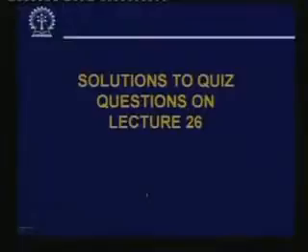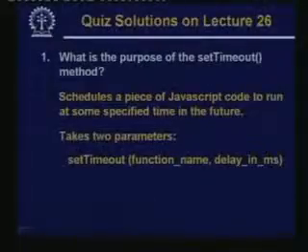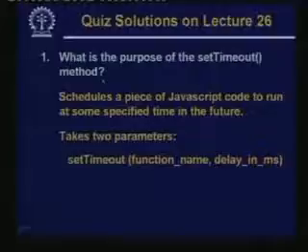So, in our lecture number 26, the first question was, what is the purpose of the setTimeout method? Here I had said the setTimeout method basically is used to schedule a piece of JavaScript code to execute or run at some specified time in the future.